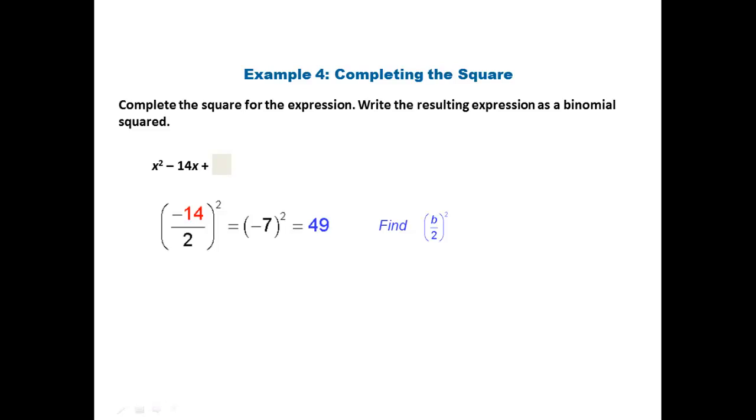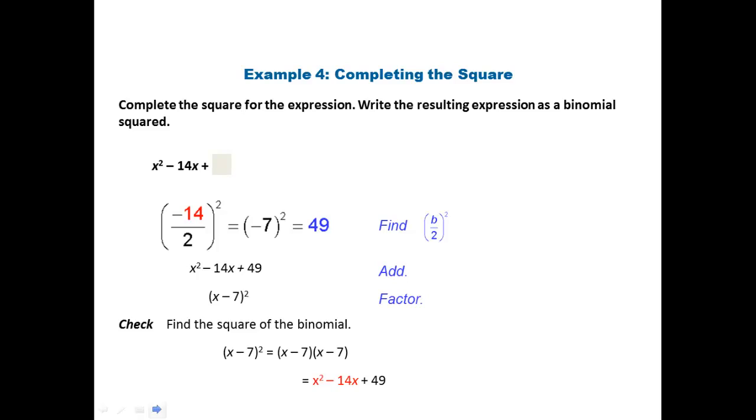Okay, so when we add 49 to our expression, we've now completed the square and can factor this perfectly. If we want to check our answer, we can multiply out the binomial, and we'll get x squared minus 14x plus 49. Okay, remember your FOIL: first, outer, inner, last.